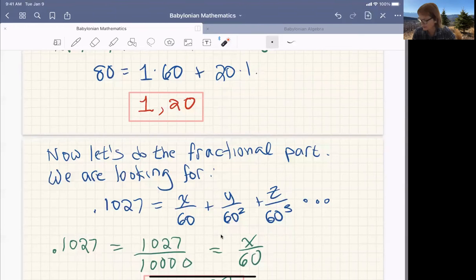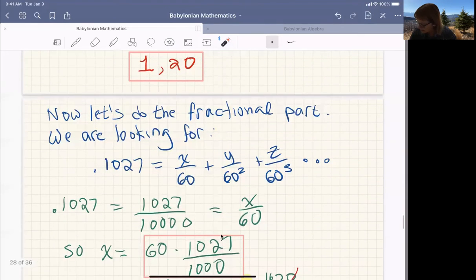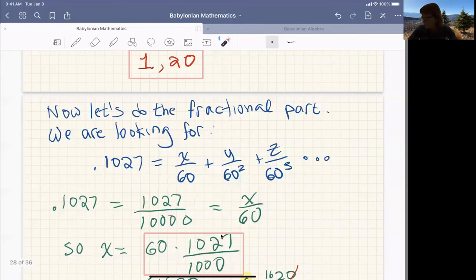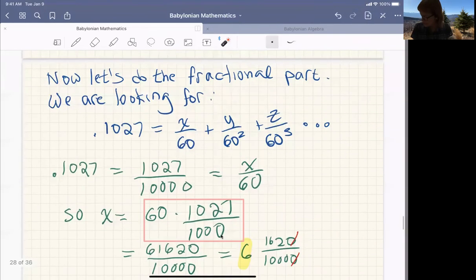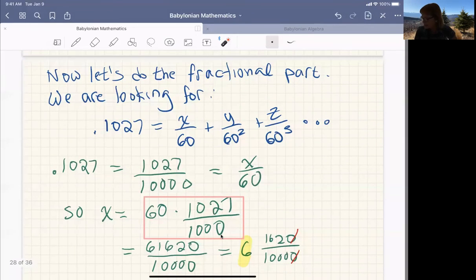Well, solve for X. So I'm going to multiply both sides of this by 60 in order to solve for X. And so notice here's the result. It's going to be 61,620 divided by 10,000.